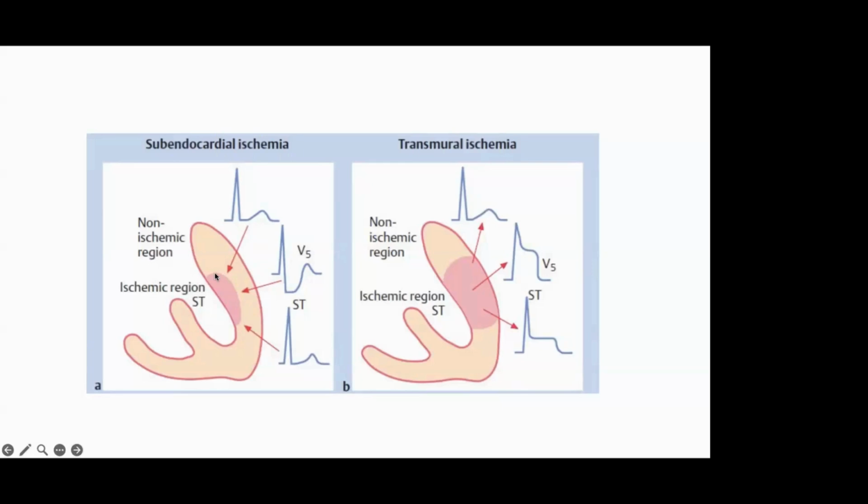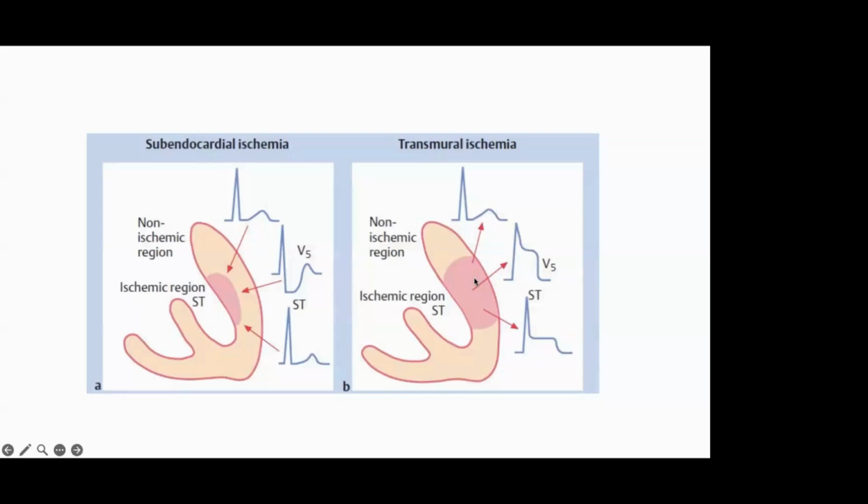So subendocardial ischemia happens in subocclusive thrombus. But the epicardium and mid myocardium will be preserved, so the final injury vector will be from epicardium to endocardium. Whatever leads are sitting here will see the current going away from the lead, so there will be a negative deflection. So this ST depression will be there.